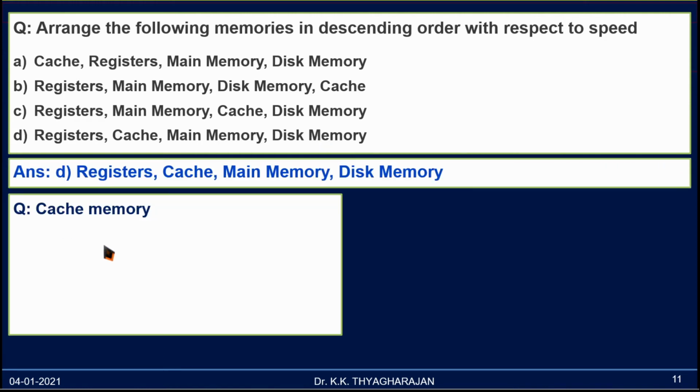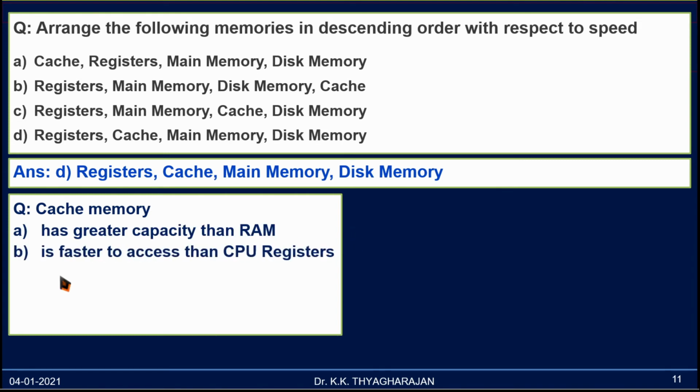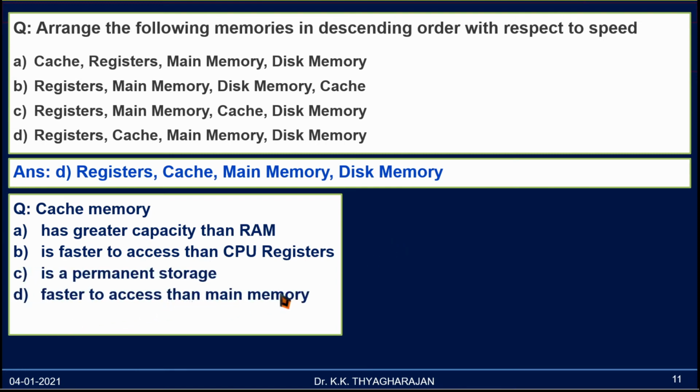The next question is, cache memory has greater capacity than RAM, is faster to access than CPU register, is a permanent storage, faster to access than main memory. None of this. Let us see one by one. Cache memory has greater capacity than RAM. It is not correct. Cache size is less than RAM. The next is, cache memory is faster to access than CPU registers.